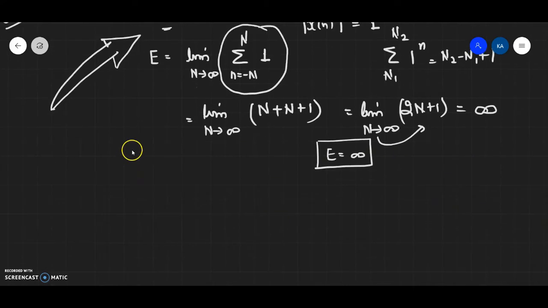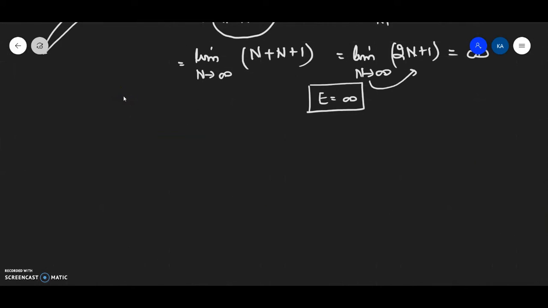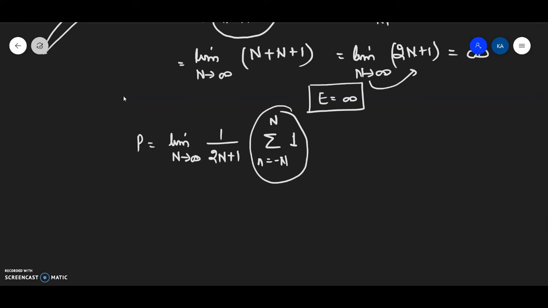Since the energy is infinite, we have to find the power as well. Let us try to find the power. The power can be determined as limit n tending to infinity, 1 upon 2n plus 1, and again n is running from minus n to n, and this particular expression was 1. I have already solved this particular value.